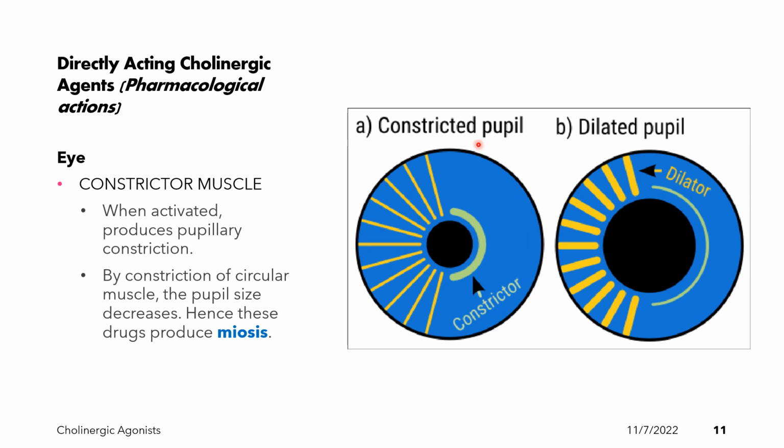As shown in the figure, this is the diagram of a constricted pupil versus a dilated pupil. The muscle that is responsible for constriction of the pupil is the circular muscle or the constrictor muscle of the eye. As you can see here, the pupil decreases in size because the circular muscle constricts.